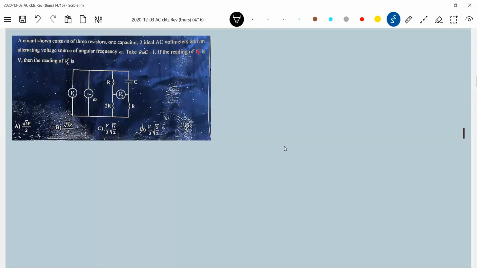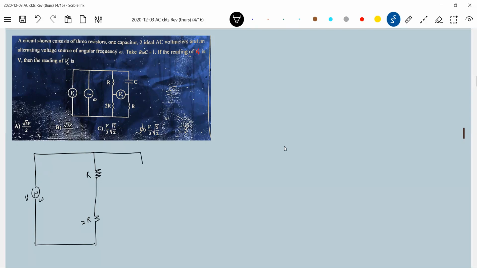So let's begin. How these two resistors are in series. It's an AC source, and V is that RMS value, because any voltmeter, they're AC instruments, they will read RMS values.